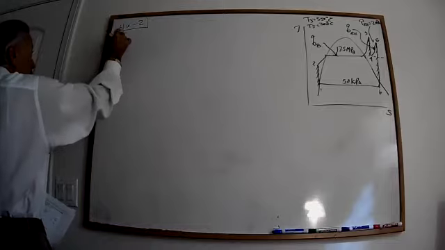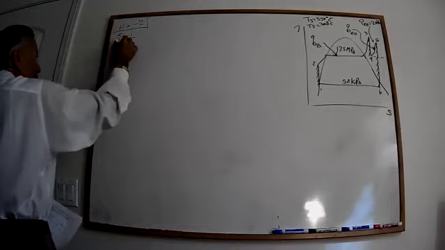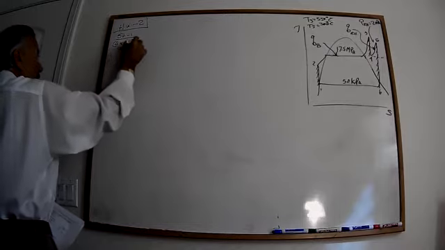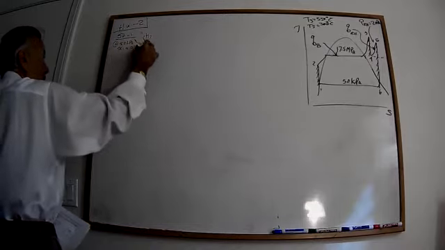So we start at state 1 at 50 kilopascal, and X1 being equal to 0, we'll find H1 and V1.